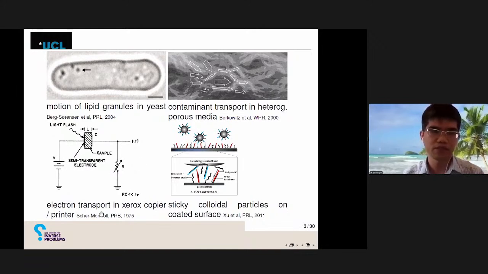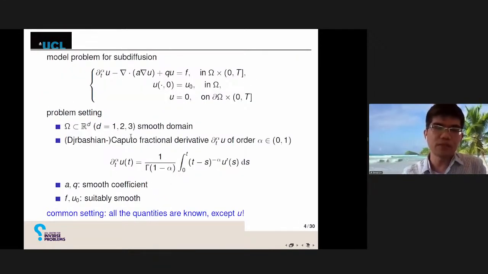They found that this kind of transport process can be described by a continuous time random walk, and later it was shown to be equivalent to the time fractional diffusion model.